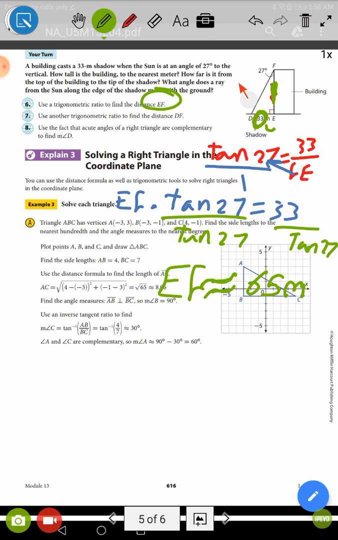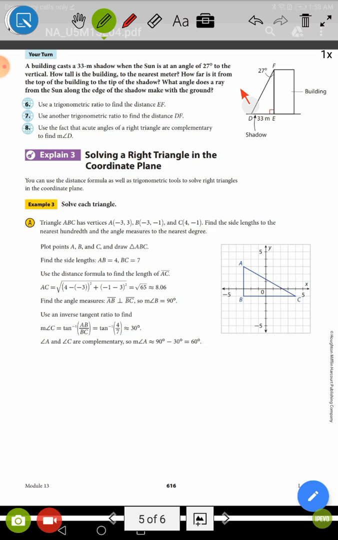Okay, how to find DF? We could use the Pythagorean theorem, since we have that side and that side, but he told me to find it using another trigonometric ratio. So we will use the hypotenuse and the opposite side, so I will use sine 27 equals opposite over hypotenuse, DF, then cross multiply.